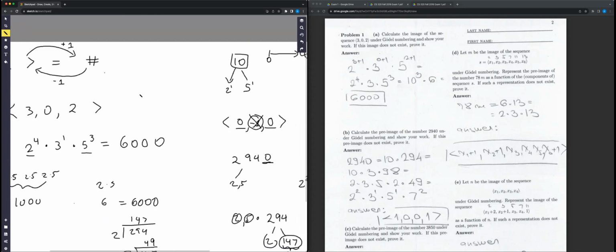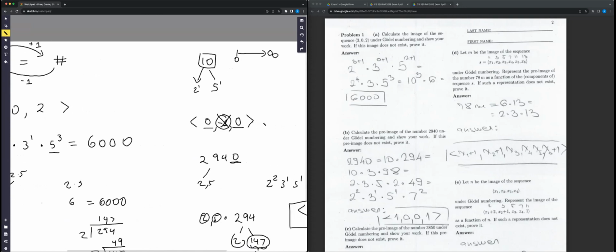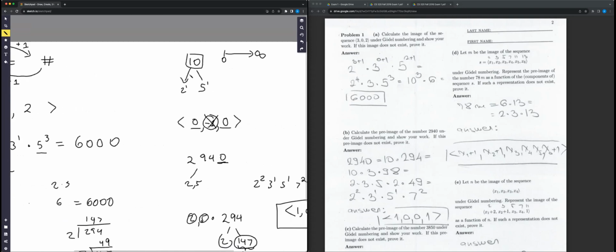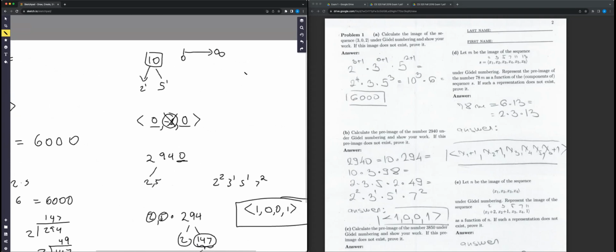The reason for the rule is we don't allow negative numbers, right? And we don't allow skipping. So if we didn't subtract, then we would allow 0 in a sequence, right? Let's just take 10 as an example. What would the sequence be if we didn't subtract? We would get 1, 0, 1. But we don't allow skipping a prime number.